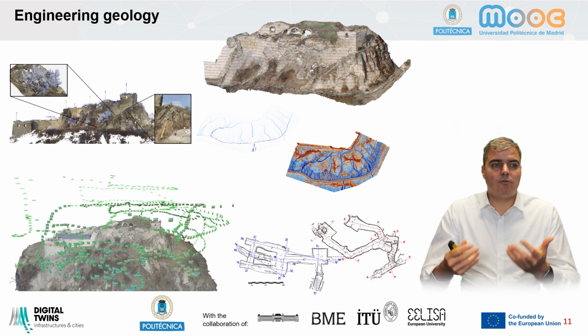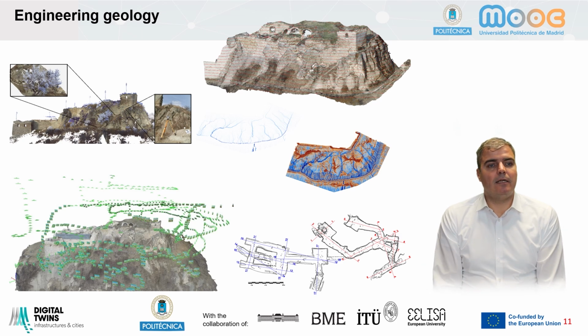And therefore we captured this geometry in February, when there is a leafless condition of the vegetation. But at the end, we needed to derive the geometry, the 2D sections of the rockfall facade, and then it was used for engineering geological applications.